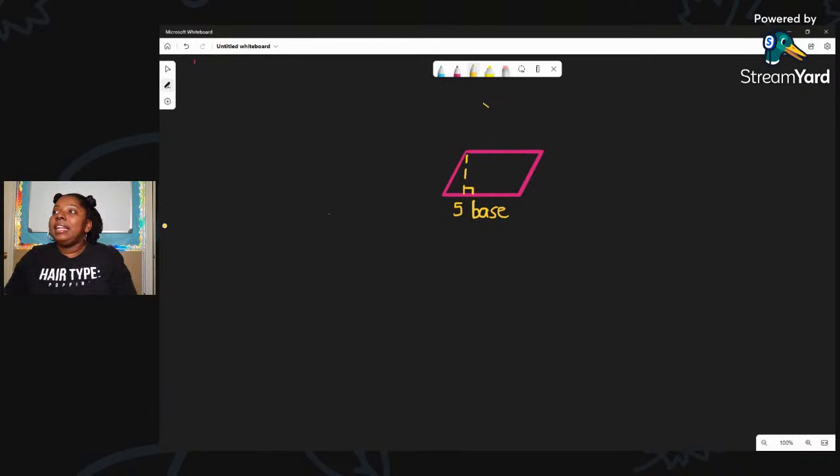So that's the height. Now, the area of a parallelogram, here's the formula, base times height. Done. That's it. So your area of a parallelogram is base times height. So if your height is 3 and your base is 5, we're just going to plug it in. Okay, now BH right next to each other, they are side by side.